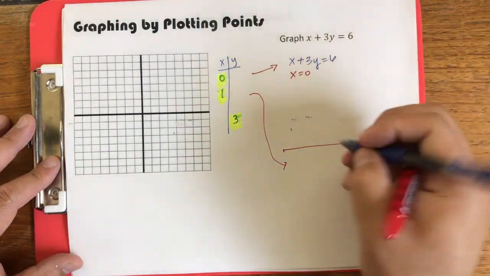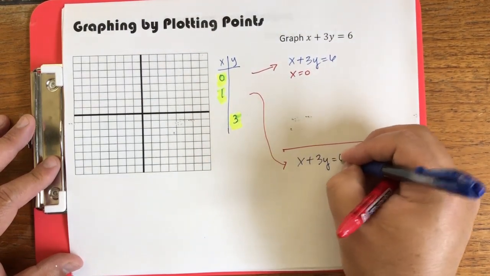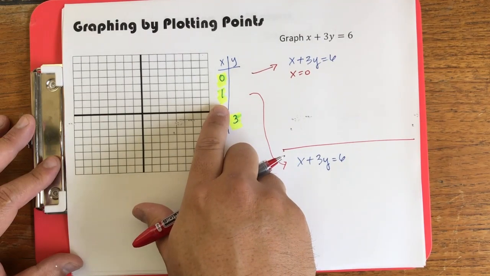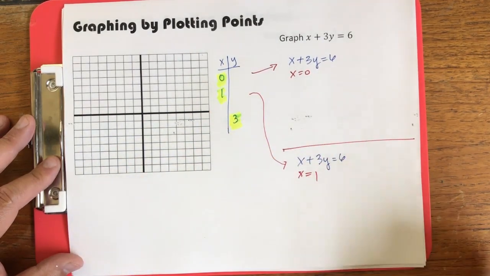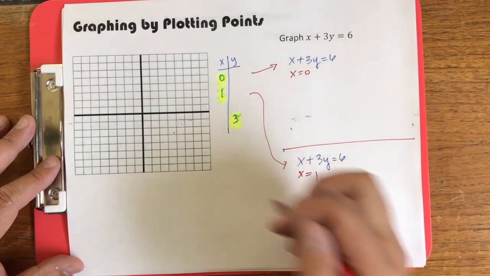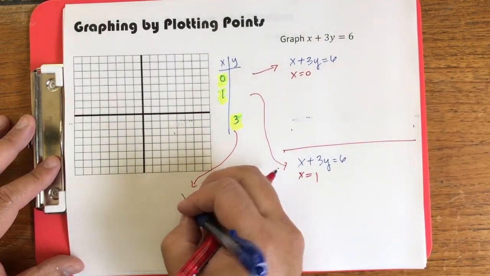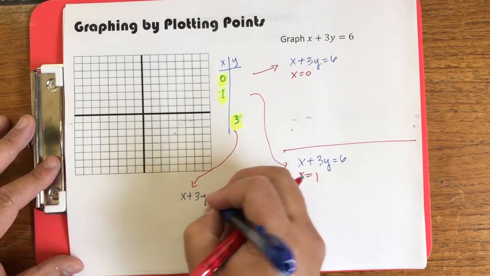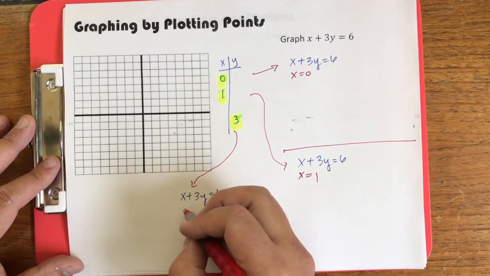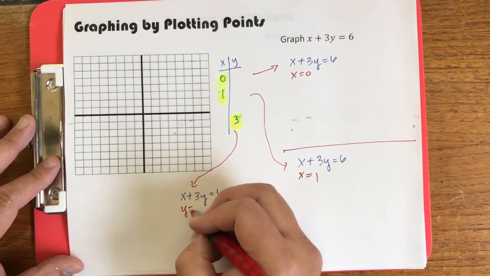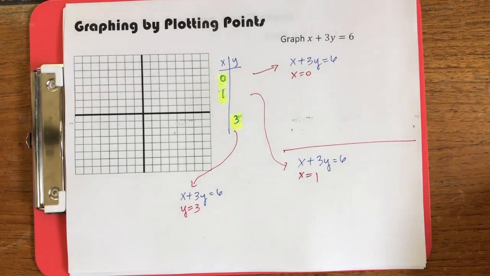We're going to take the same linear equation, x plus 3y is equal to 6, but this time we're going to plug in x equals 1. And the last problem is x plus 3y is equal to 6, the exact same equation, and we're going to plug in y equals 3 this time. Now let's solve each one of these problems.